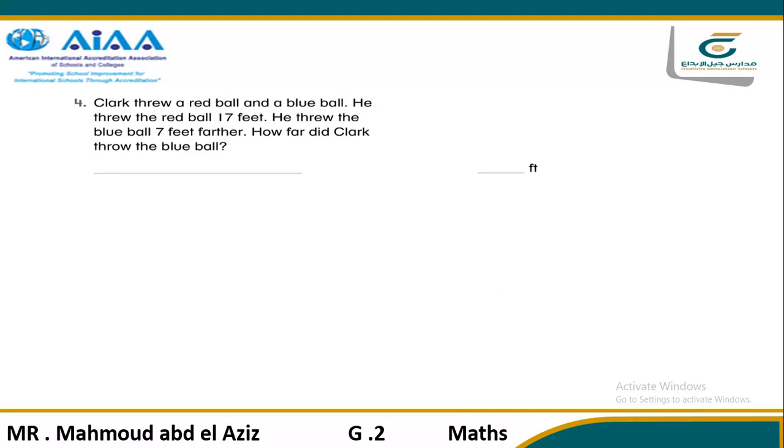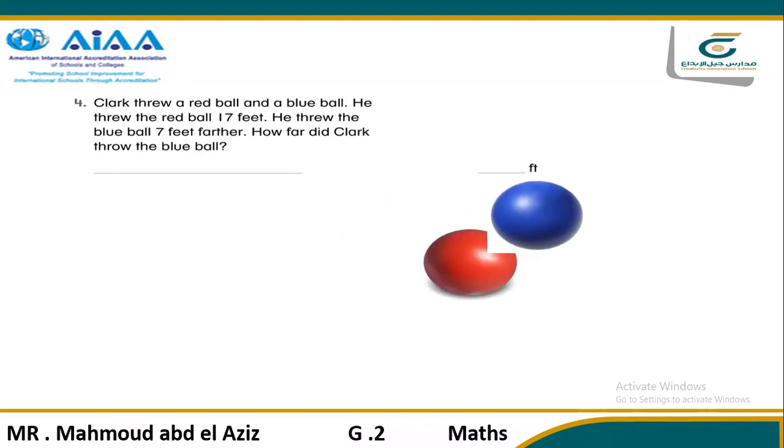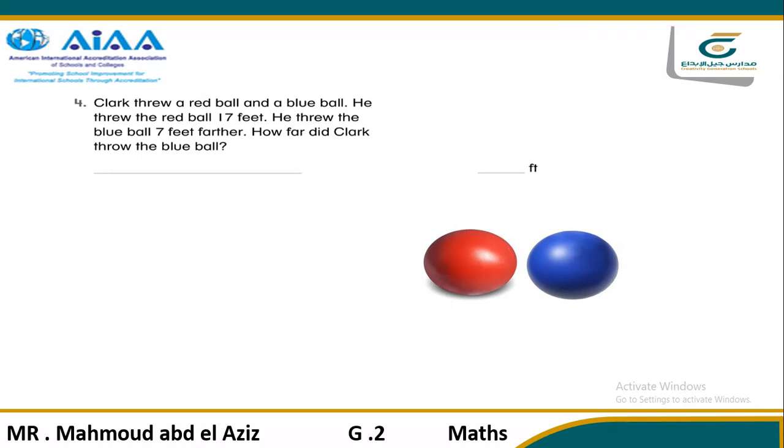Another question here. Clark threw a red ball like this one and a blue ball like this one. He threw the red ball 17 feet and he threw the blue ball 7 feet farther.